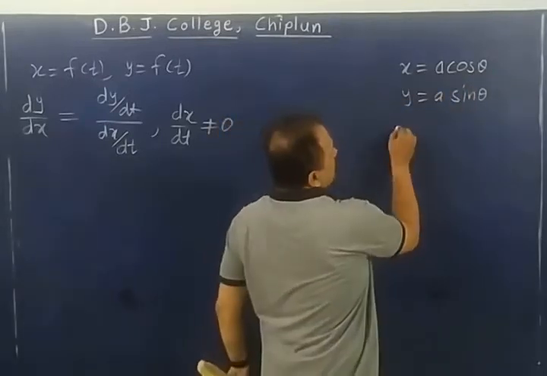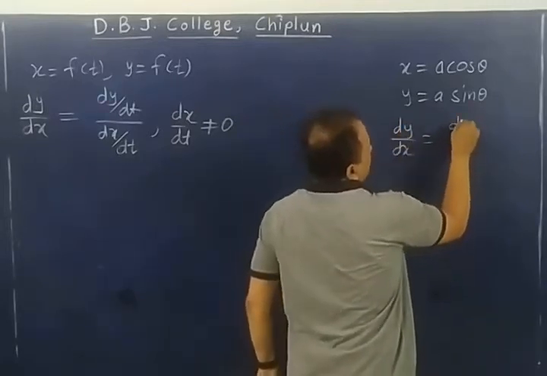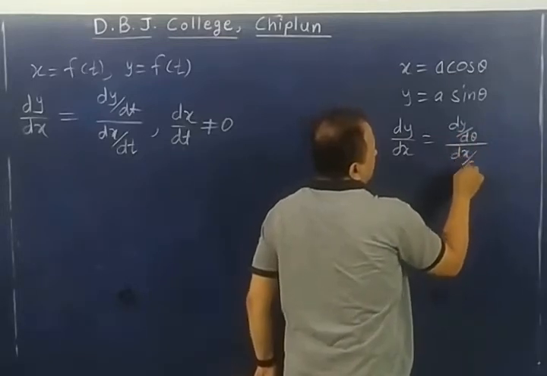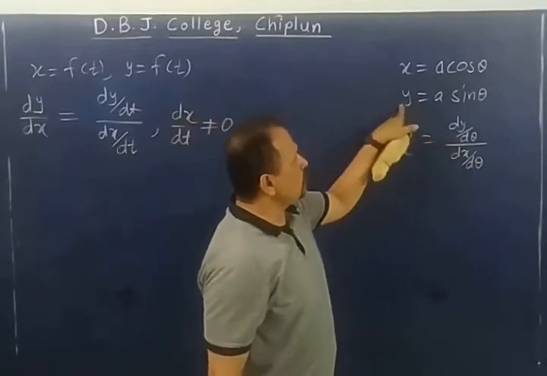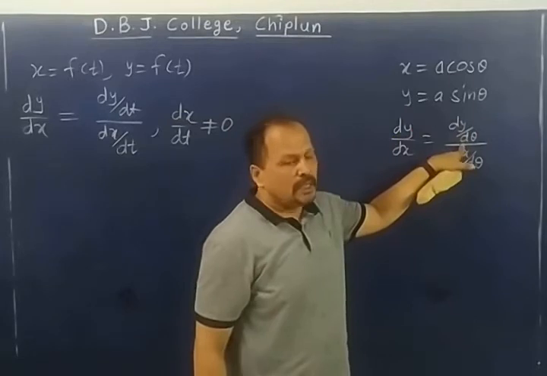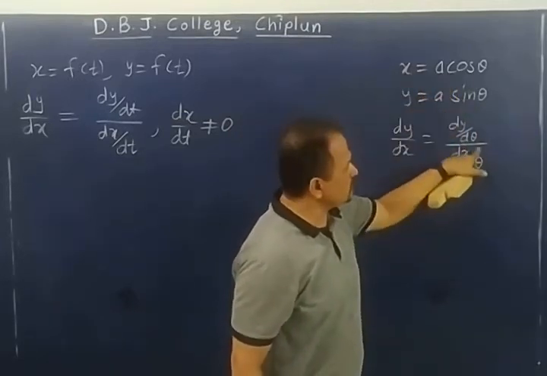In this case, dy by dx is equal to dy by d theta upon dx by d theta. That is the derivative of y, a sin theta, with respect to theta, and the derivative of x, a cos theta, with respect to theta.